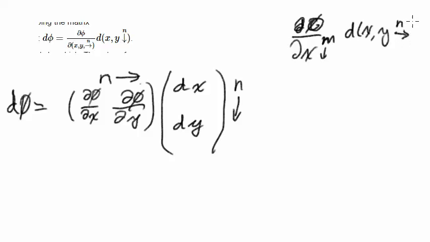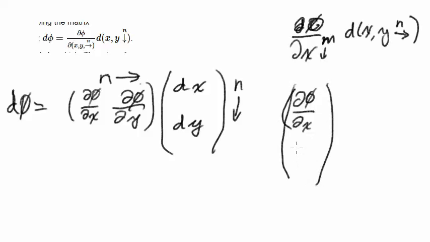We'll make it n right arrow. This would represent an outer product, del phi del x, this coming down. Well, this one's going to be coming down, so it's del phi del x, del phi del y. I should have written an x comma y there. And then this is going to be dx dy.